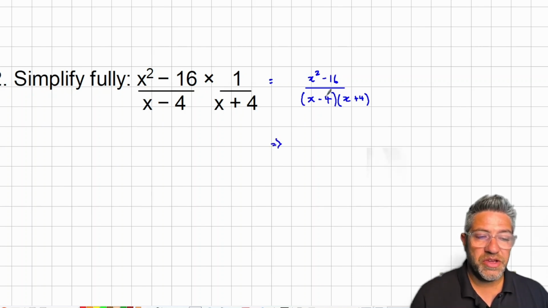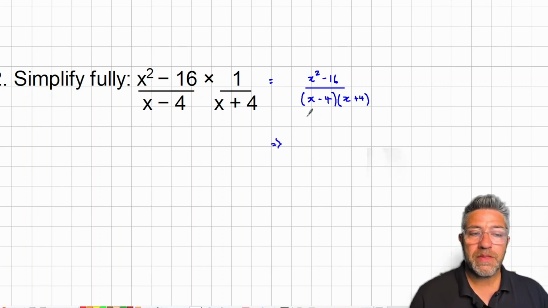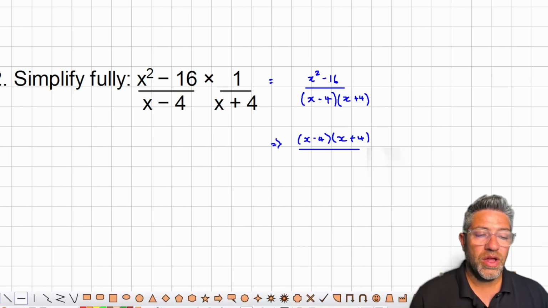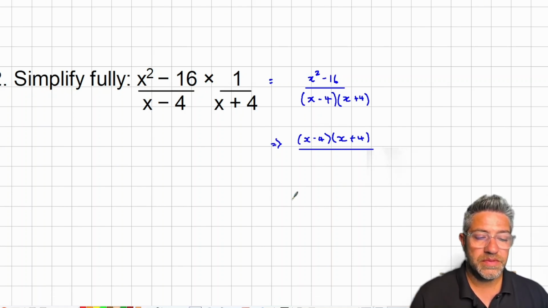Hopefully, once again, you can see that the numerator will be the difference of two squares. So x squared minus 16 could be written as x minus 4, x plus 4, all over, well, our denominator is x minus 4, x plus 4 as well.